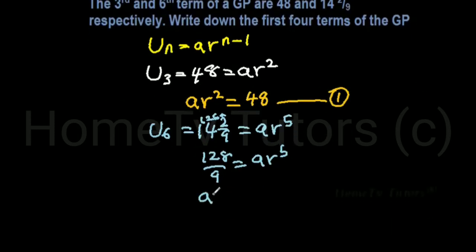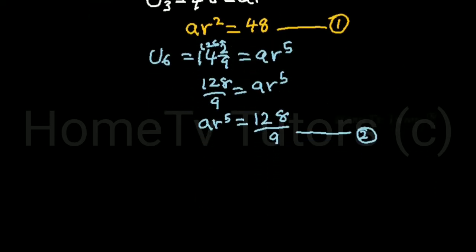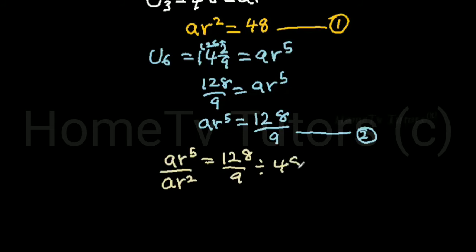So we have ar to the power of 5 equals 128/9. Let this also be equation 2. So now we divide equation 2 by equation 1. Equation 2, ar to the power of 5 equals 128/9 to be divided by equation 1, ar to the power of 2 equals 48.